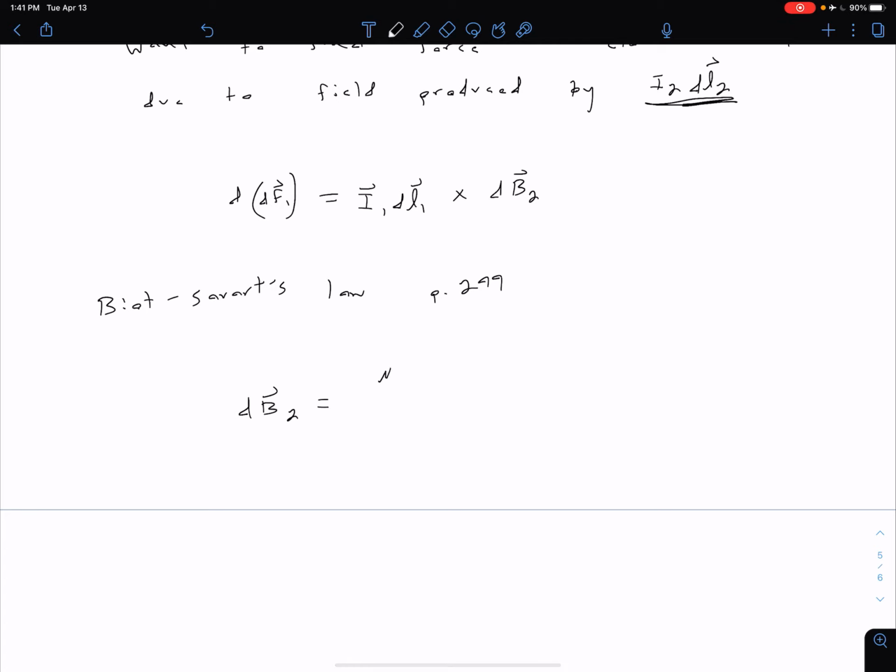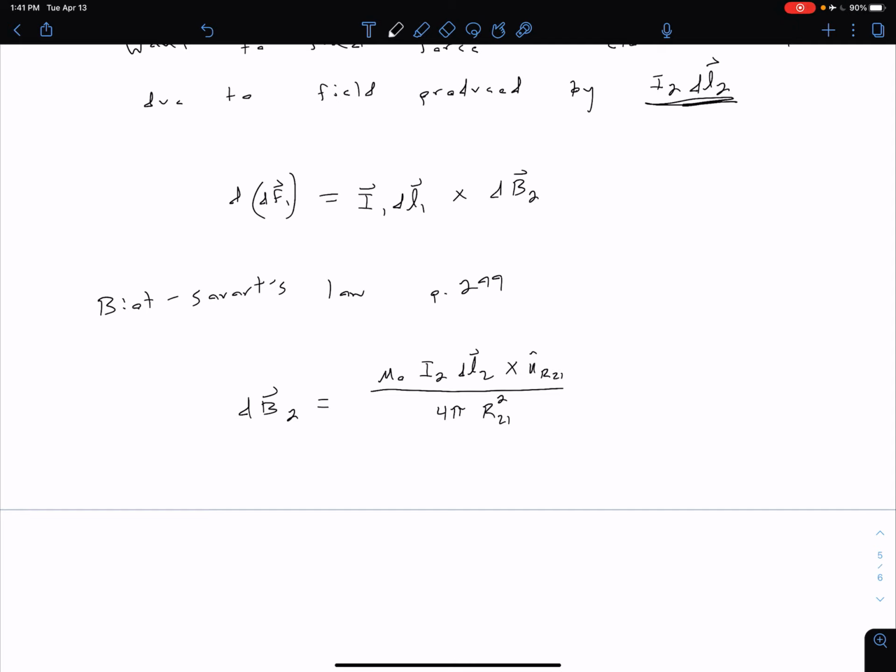The only difference is we have to put our permeability up here in the numerator. So we have mu naught because we're talking about free space at the moment. We have current I2 dL2, our differential current, crossed with a unit vector in the direction from 2 to 1, divided by 4 pi times the magnitude of that distance between 2 and 1 squared.